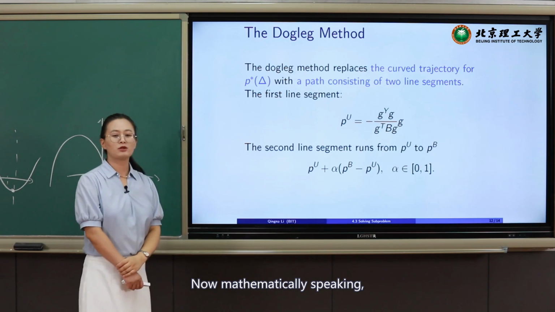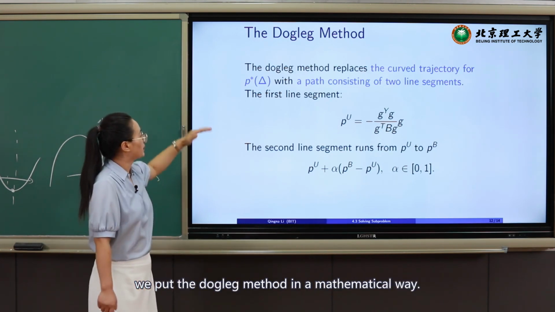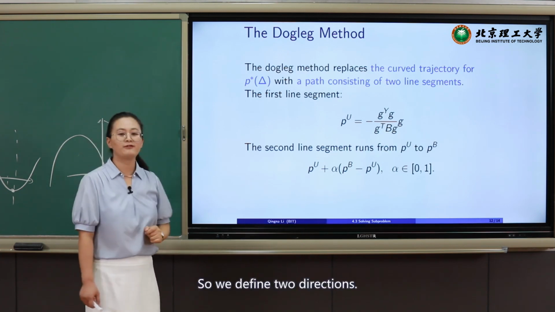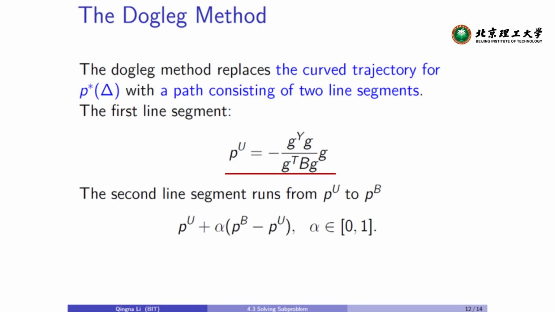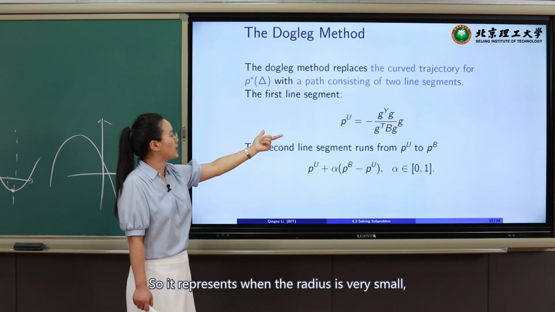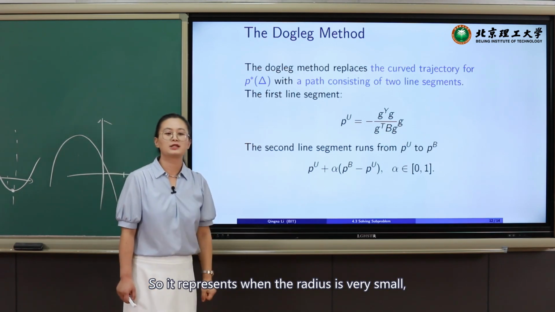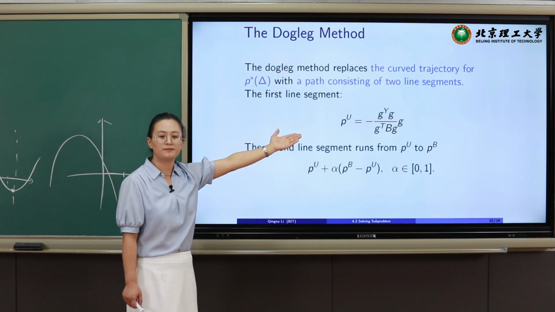Now, mathematically speaking, we put the dogleg method in a mathematical way. We define two directions. The first one is the line search direction, or the steepest descent direction, because we have a coefficient here and the gradient, okay? It represents that when the radius is very small, we move along this direction, all right?